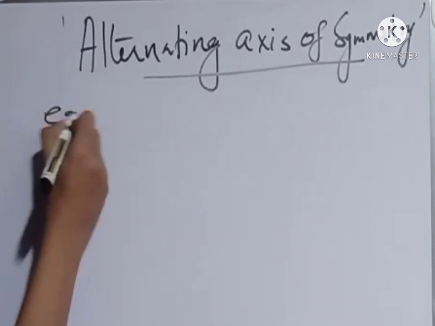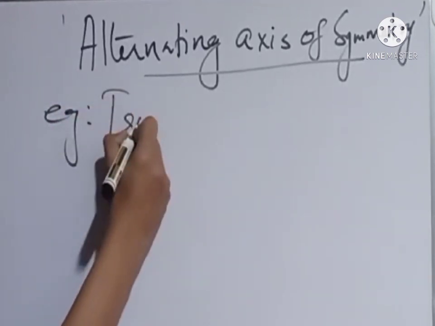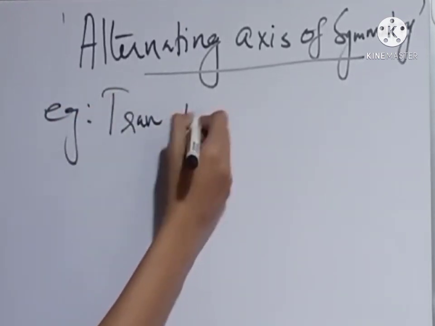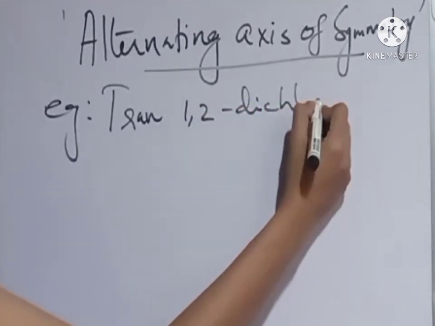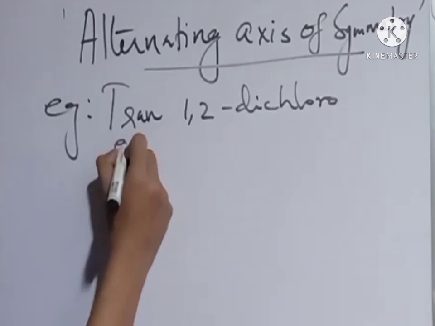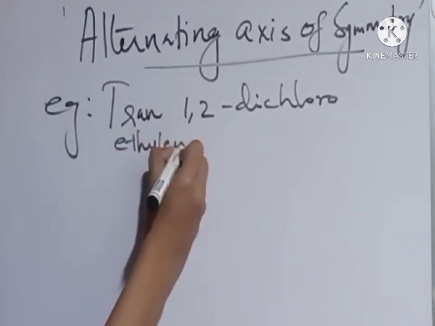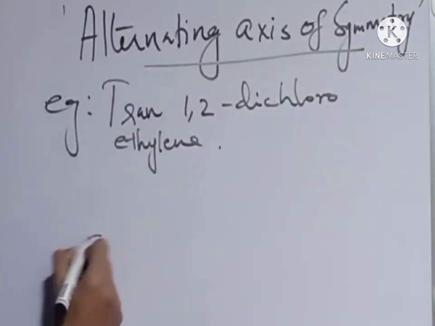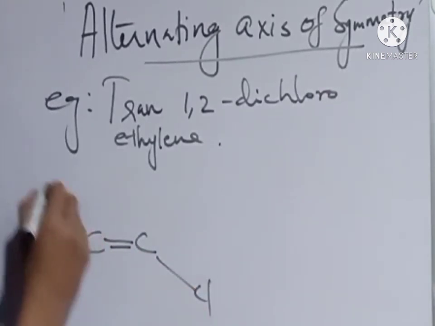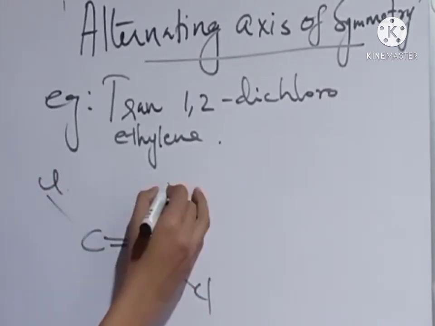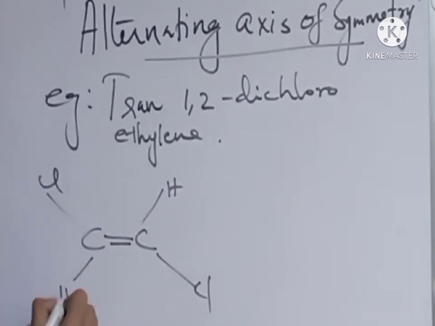So, consider an example, trans-1,2-dichloroethylene. The structure is like this, C double bond C, trans. So, two chlorines are in trans position and hydrogen.